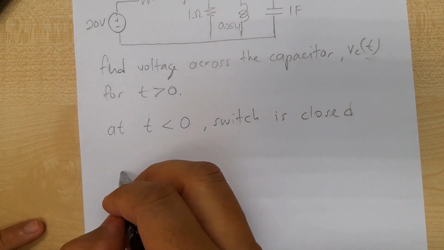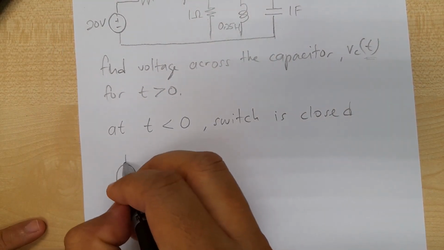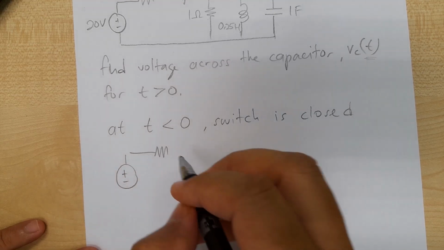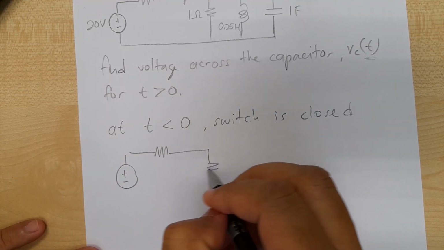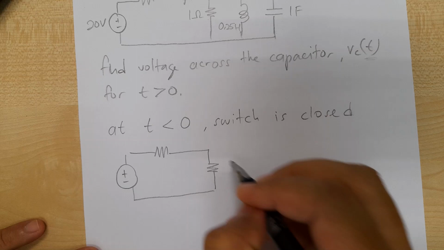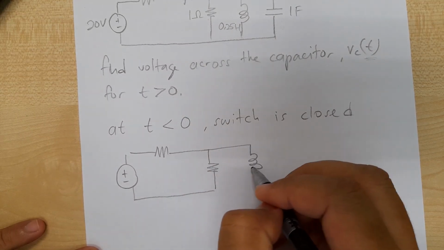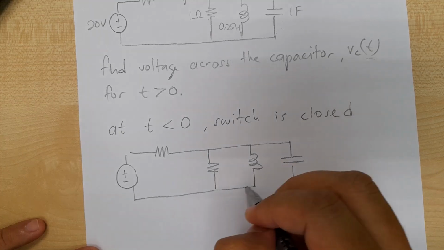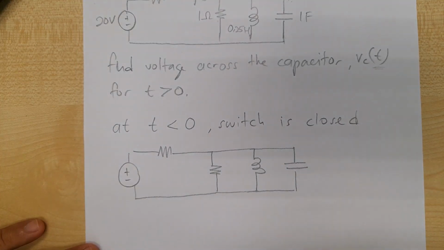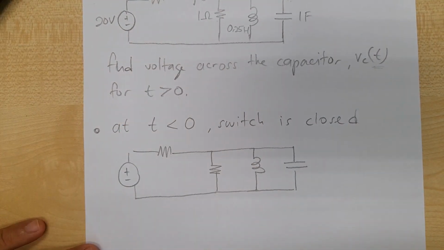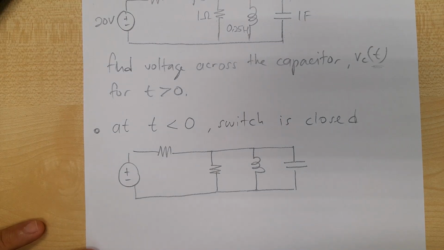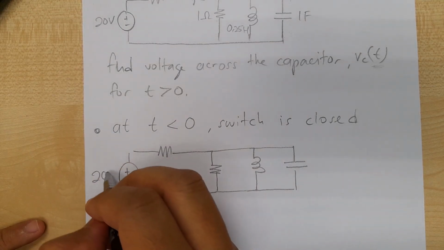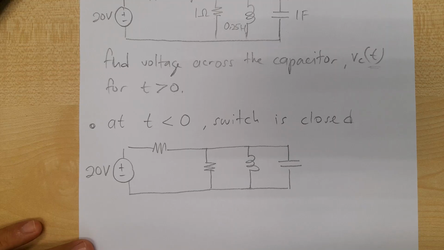So meaning that we have a complete circuit when the switch is closed. We have the inductor here, and then we have the capacitor here. So this is when t is less than 0, and we have here a 20 volt supply.